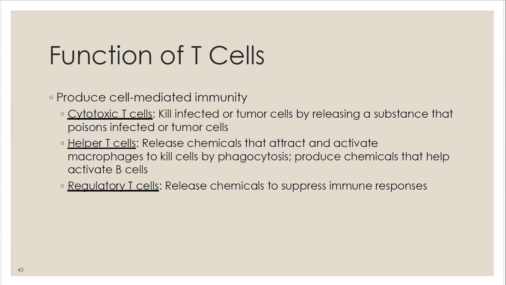Then you have your regulatory T cells, which are also called suppressor T cells. This releases chemicals that suppress excessive or unnecessary immune responses. It prevents autoimmune reactions by ensuring the immune system does not attack healthy tissue. Together, all these T cell subtypes ensure balanced, effective, but targeted immune defense against various threats.